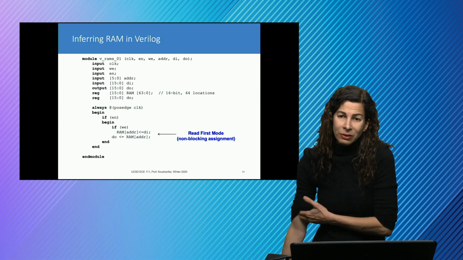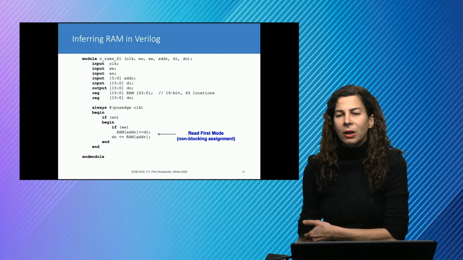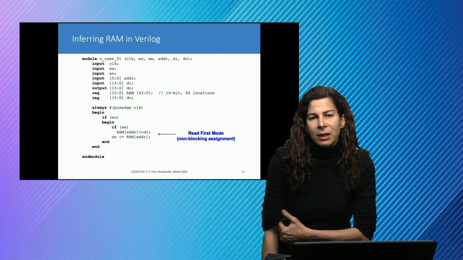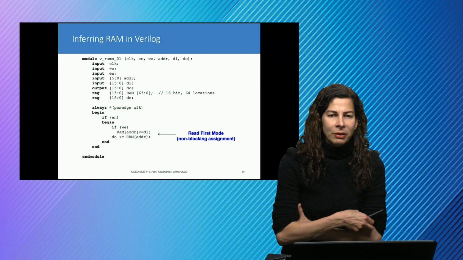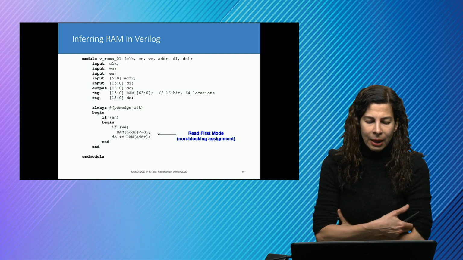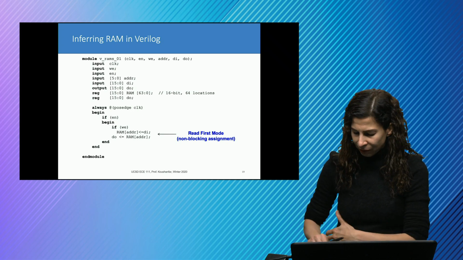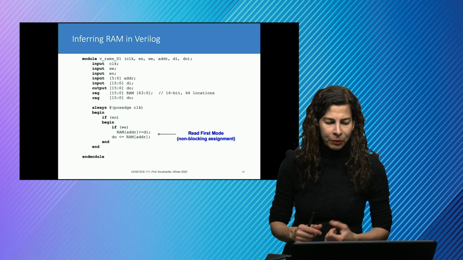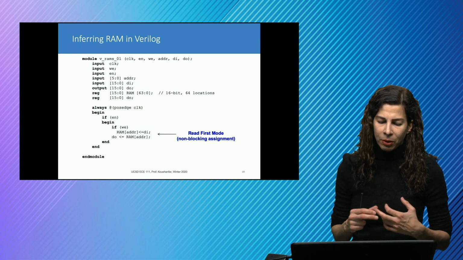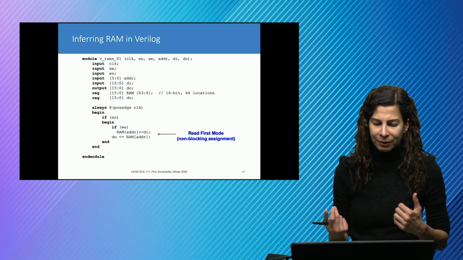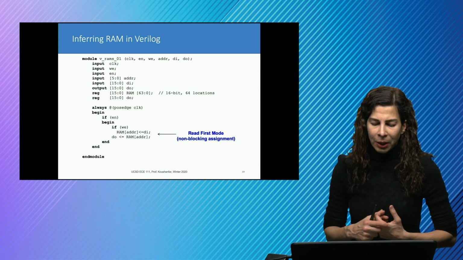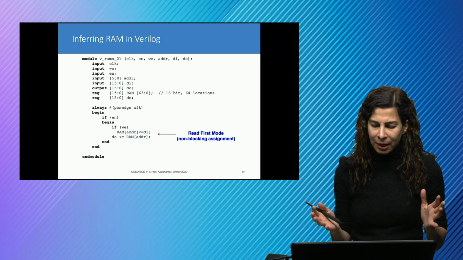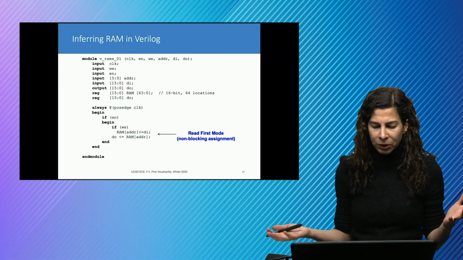We could either infer RAM in Verilog, or we could instantiate it. Here is an example of an inference of a RAM. Again, we have the same knobs as we were showing in the previous example. We have the clock, write enable signal, address, input and output, and the array which we are writing to.